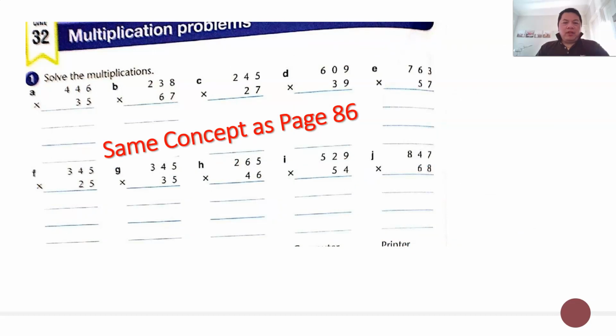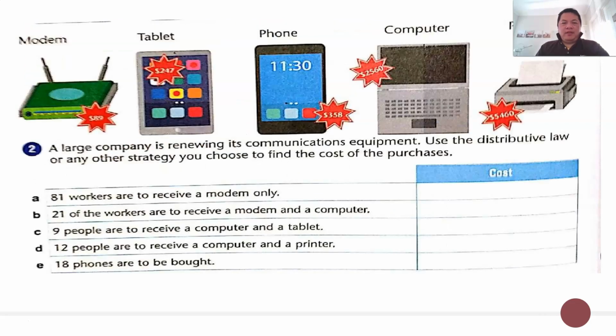Moving on to the next part, do remember this is the same concept as page 86, the multiplication concept, so I don't want to spend time on it really. I'm sure most of you understand this concept. Now for problem solving, you have a situation: the cost of the modem, the tablet, the phone, the computer, the printer.